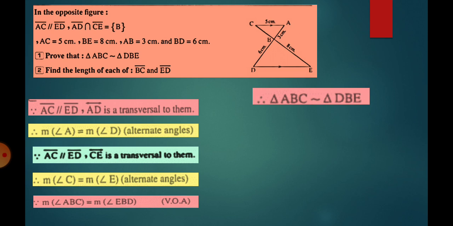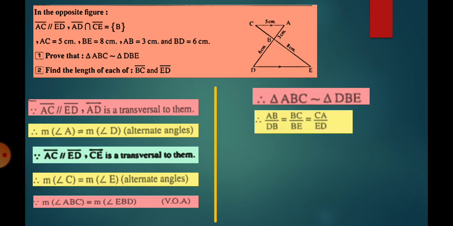If two triangles are similar, then their corresponding sides are proportional. Then AB over DB equals BC over BE equals AC over DE.